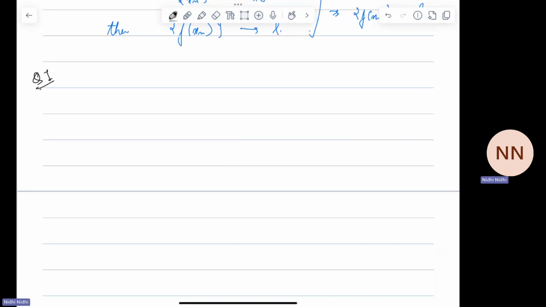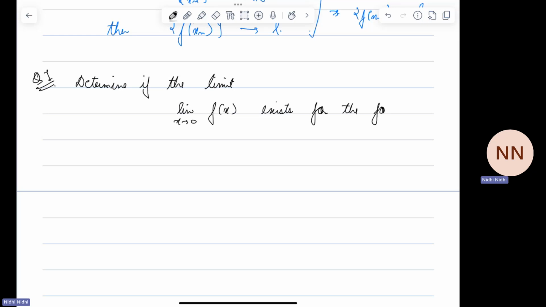Question number 1. Determine if the limit x tending to 0 f(x) exists for the following functions.